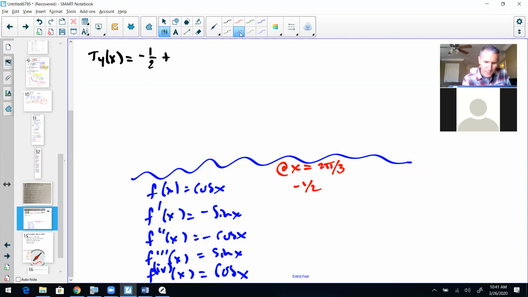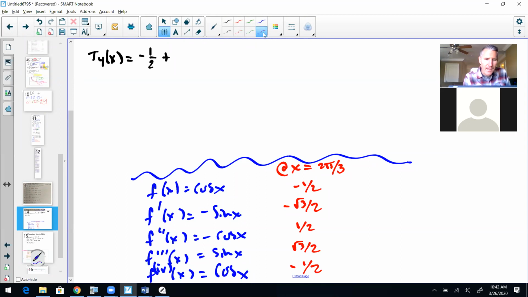Root 3 over 2. Right, so it's going to be negative that, so negative root 3 over 2. Is that Arian talking? Yeah. Atta boy, Arian. Then f double prime is negative of negative 1/2, so that's just going to be positive 1/2. This is going to be positive root 3 over 2. And then this is going to be back to negative 1/2.